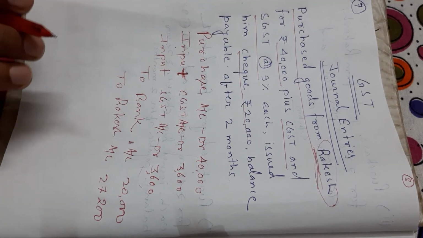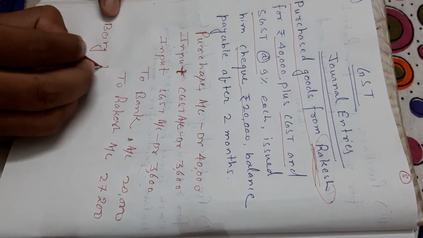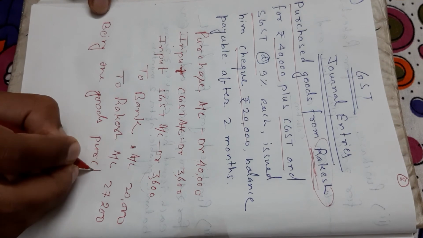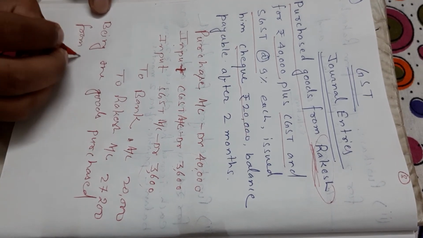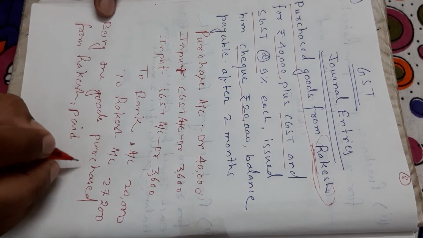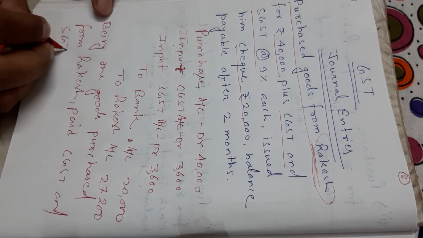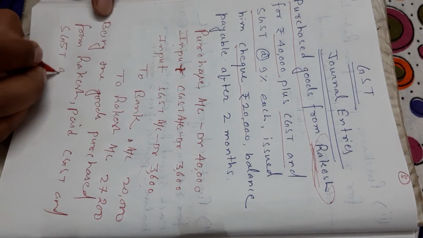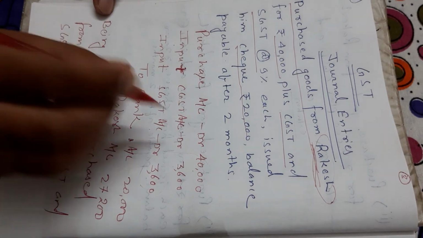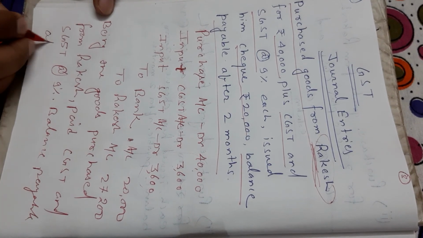Being the goods purchased from Rakesh, paid CGST and SGST at the rate of 9%, balance payable after 2 months.